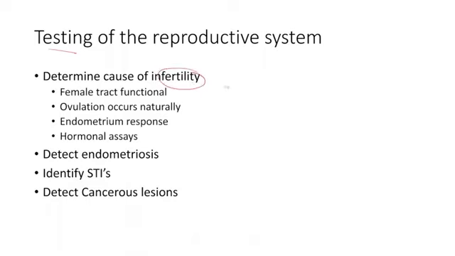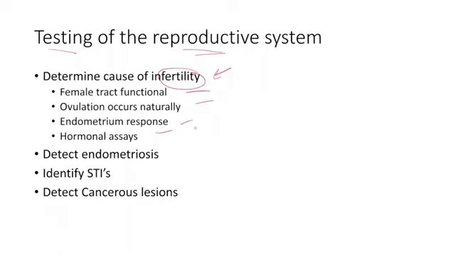We're really looking at infertility, right? The main purpose is to get reproduction going. So if something's not working and you're not able to conceive, we have to start looking at the reproductive system. You're looking at all kinds of functional things. Is there something wrong with the functional tract? Is there something wrong with the hormonal assays?